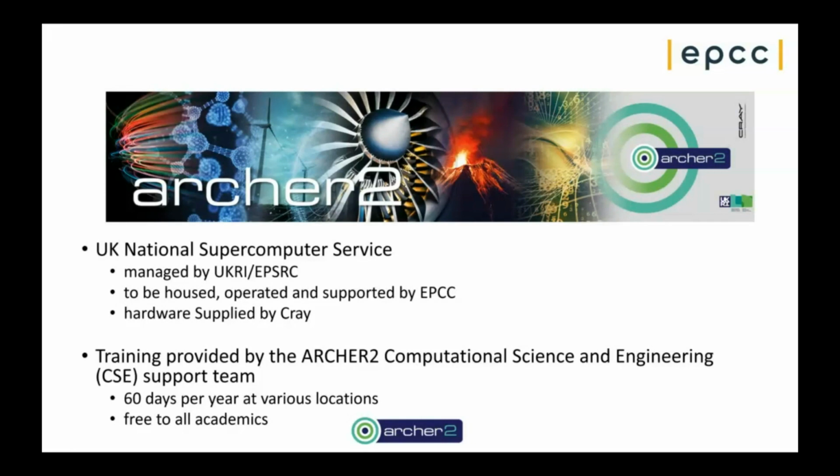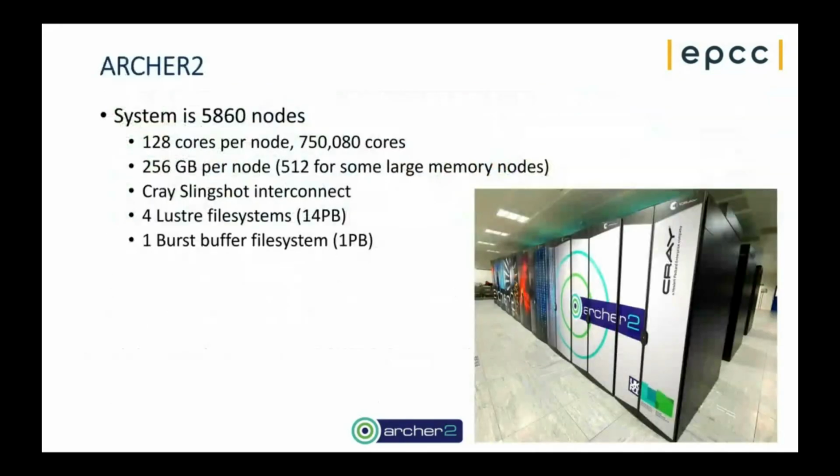And that involves people helping optimize applications or helping port applications to the system. And it also includes the training material around ARCHER2. So providing training to help people exploit this system in the most efficient way and best way possible.